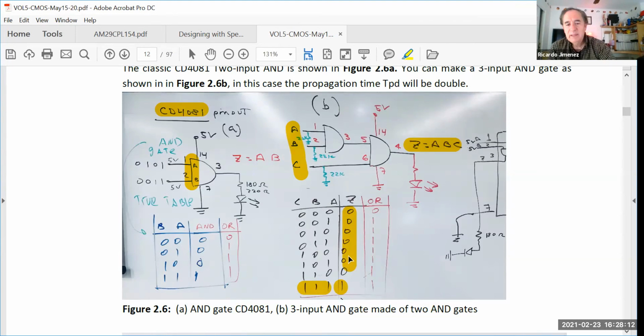And you have to say this. If A is false and B is false and C is false, the output will be false. If A is true, B false and C false, the output is false. If B is true and the other 2 false, that's the way you have to say it. If A and B and C are true, the output is true. The output is 1. And this is how you write the equation.